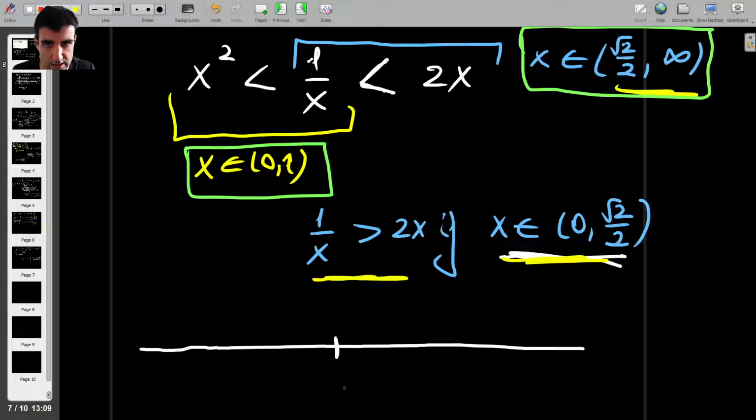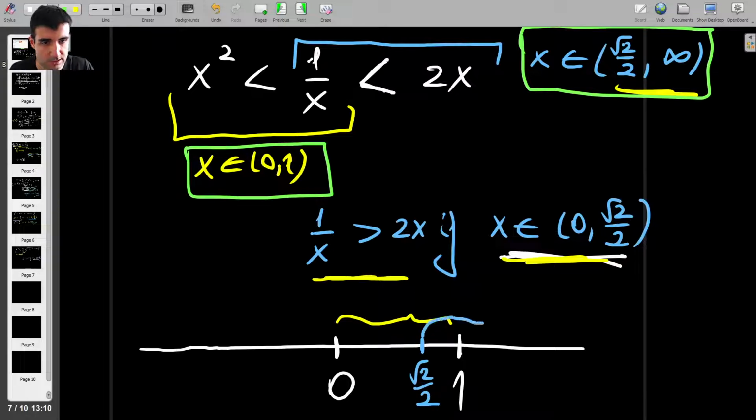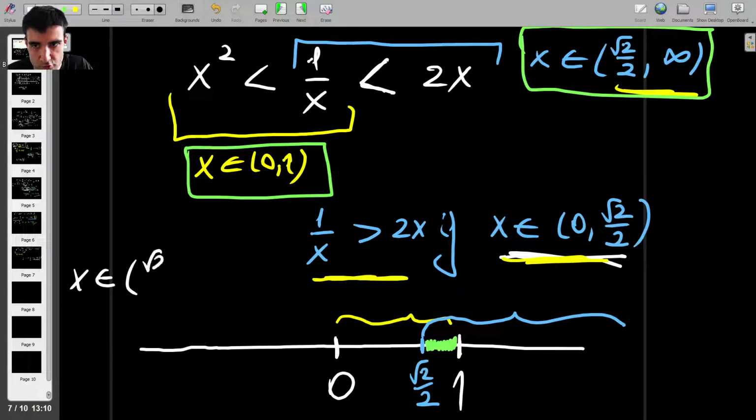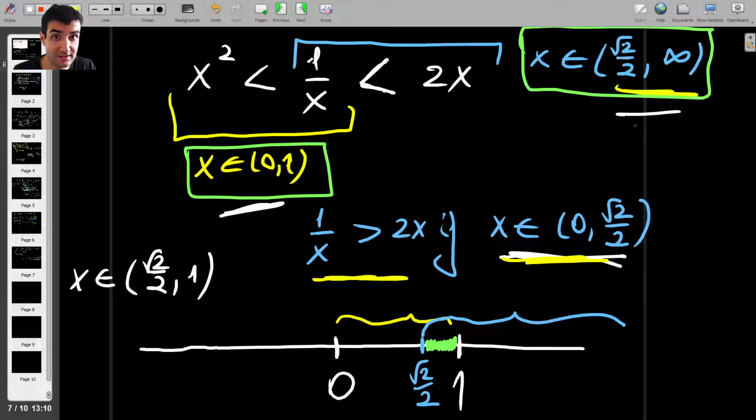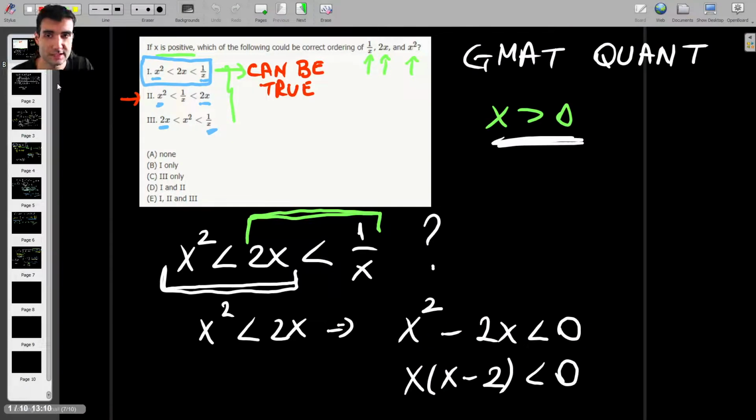So we have from 0 to 1, which is the first inequality, and then we have another one from root 2 over 2 to infinity. So there is an intersection, and the intersection happens here. In other words, if x is between root 2 over 2 and 1, then those two things happen at the same time, which means this inequality will be true. Okay, and that's how you deal with the second statement.